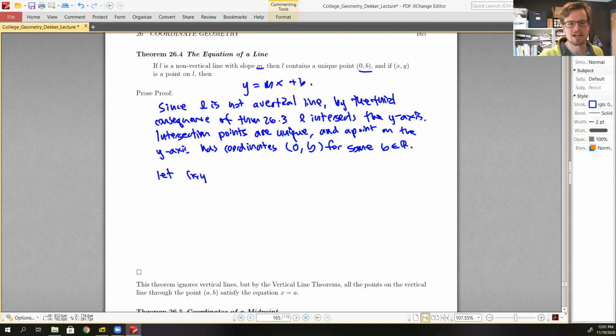Let x comma y be any other point on the line. Now, since it's not a vertical line, x is certainly not equal to 0, because that coordinate is already being used and we're using another point. So let this be any other point on the line. Then x is not equal to 0 since L is not vertical.